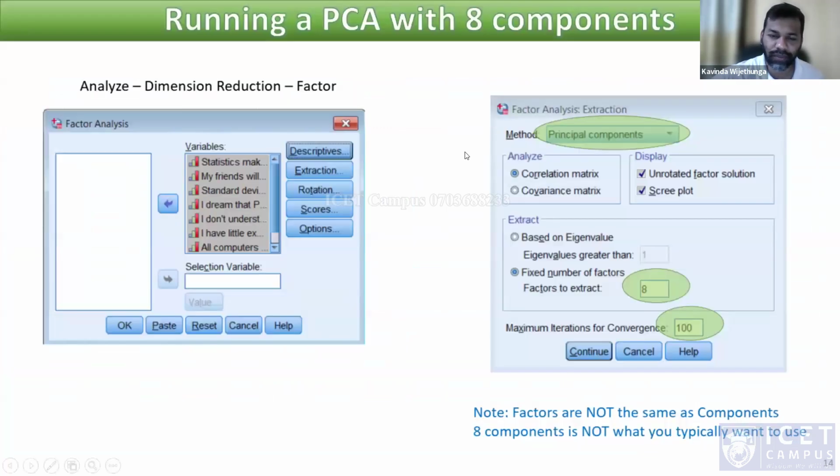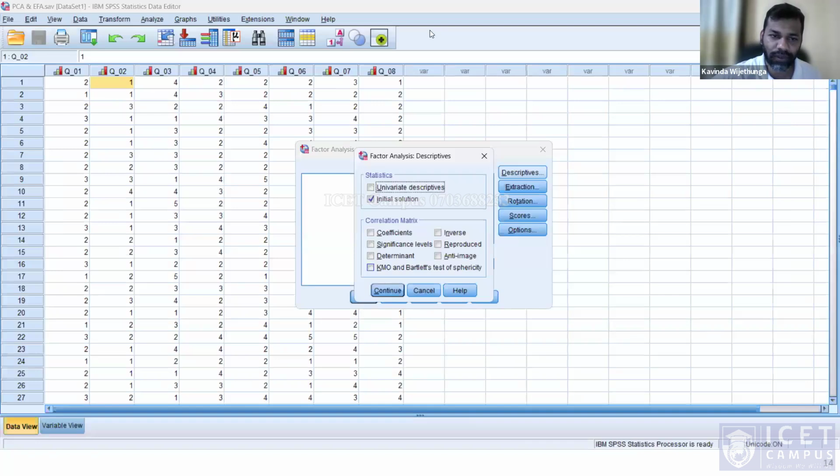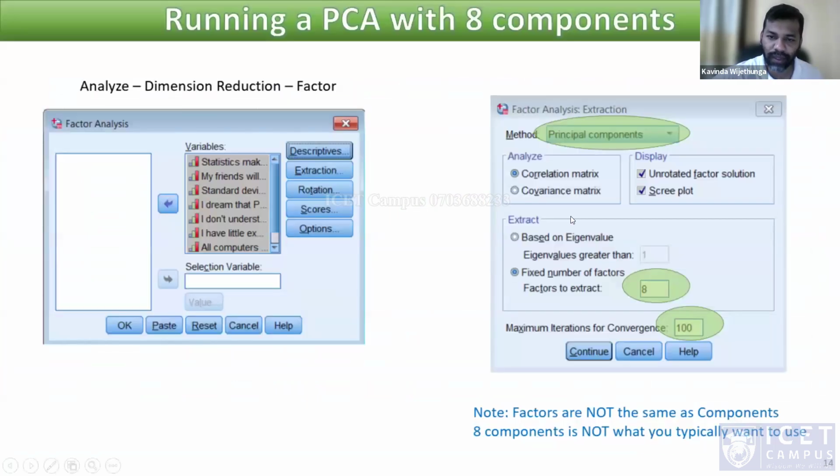Right. From there, we have to select principal components, right? Then we can use uncorrelated factor solution and scree plot as well. Then we use correlation matrix, and so we are not going to extract based on the eigenvalues.